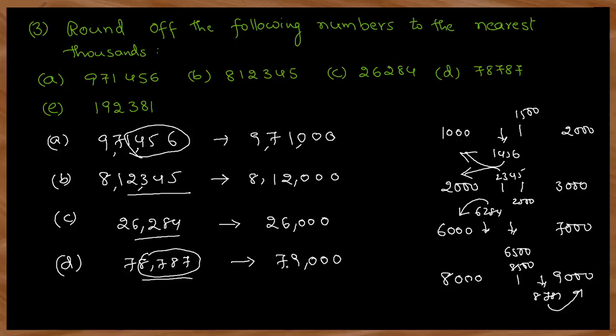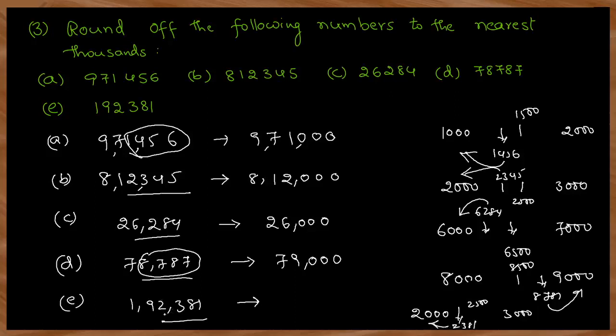Okay. So next, E, 1,92,381. Take up to the thousands place here. So what is the thousands place here? 2. So 2,000 to 3,000 you have to check. Middle number is 2,500. Given number is 2,381, which lies somewhere here, which is nearest to 2,000.